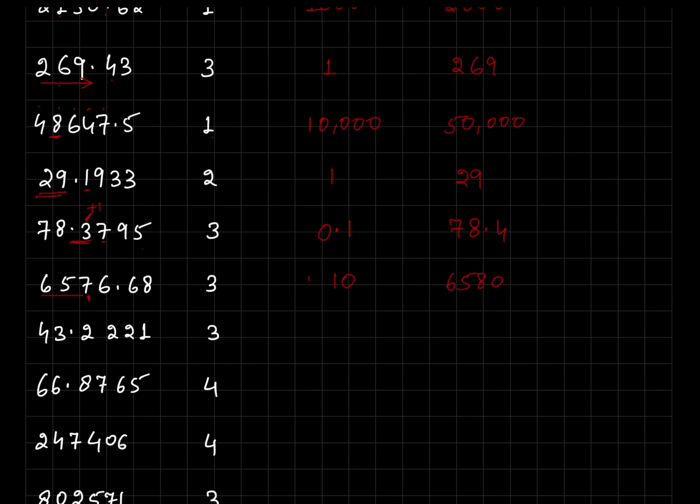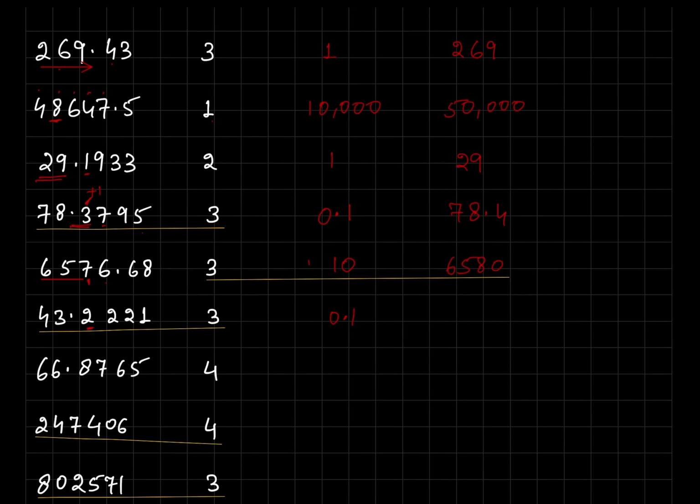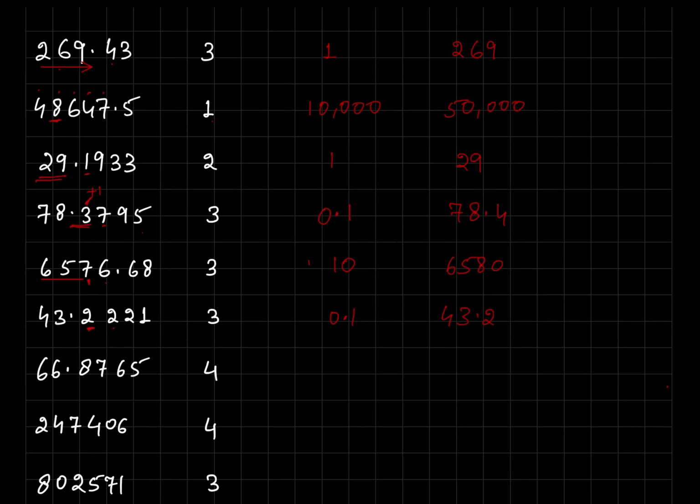Got it? Then we have 43.2221, correct up to 3 significant figures. So again I will round it to 0.1. After this 2 there is just 2 here, so I will write 43.2.